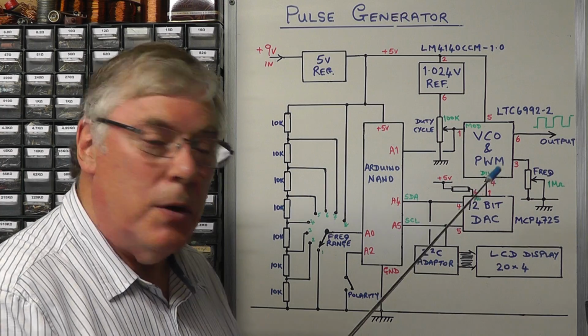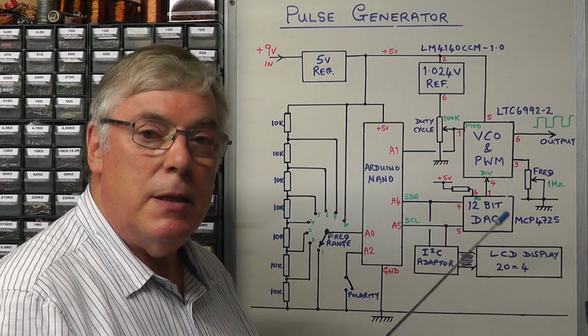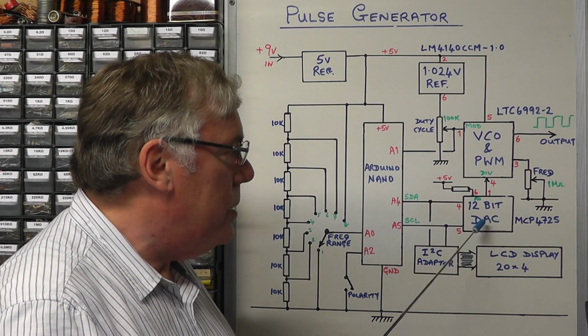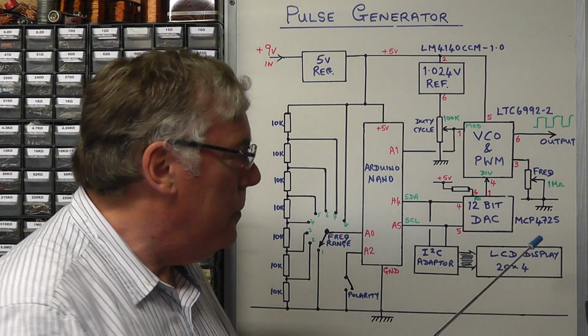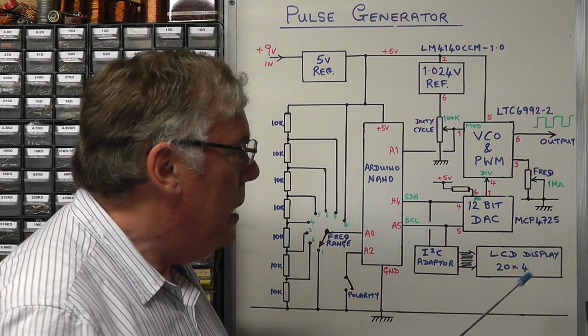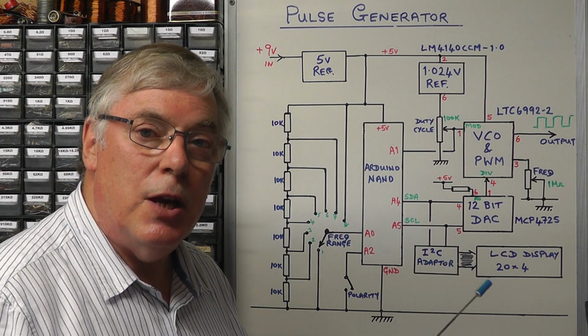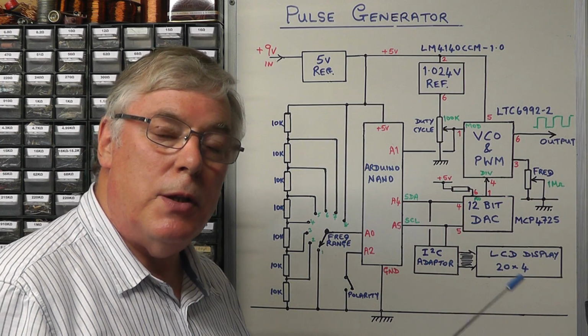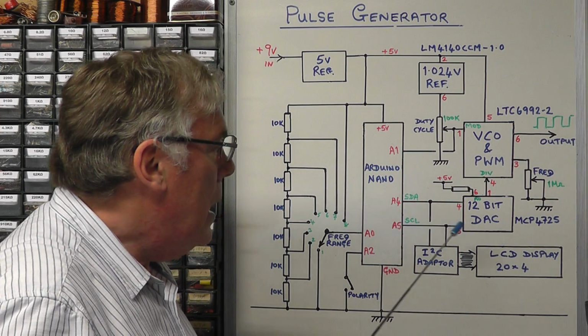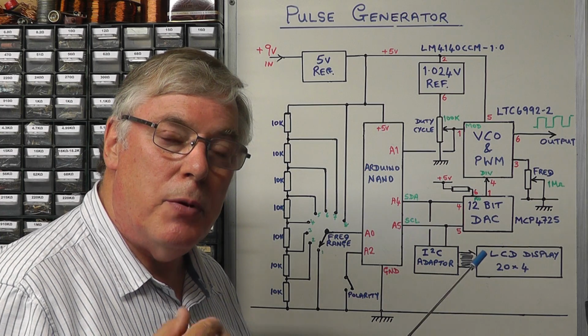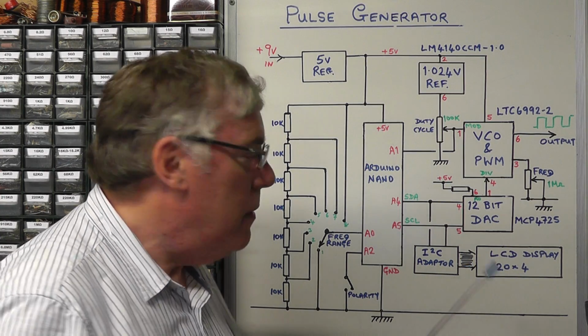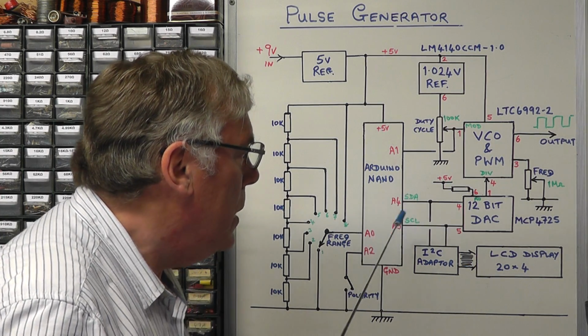And to do that, what I'm going to use is a 12-bit DAC, a digital to analog converter IC. I'll be using a little MCP4725 IC. These are little tiny chips. Again, it's a SOT23 6-pin package, and it operates on the I2C bus, which means that we can program it with just 2 wires from the Arduino Nano.